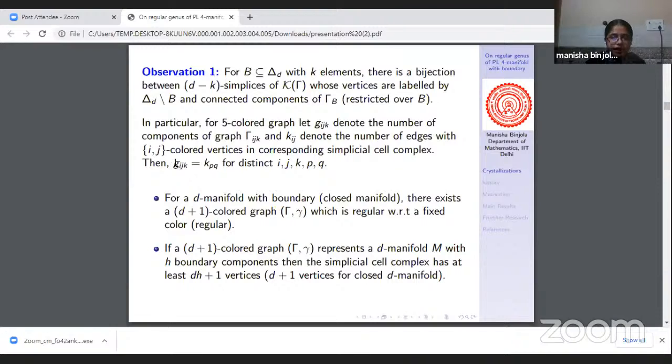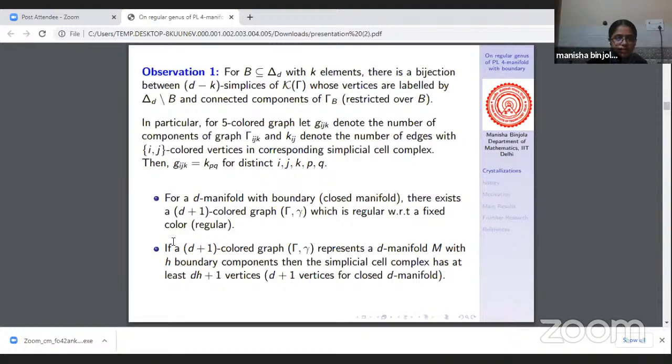That is G of C complement. From this observation, we get G of C hat equals K of C hat hat. This means K of C complement complement. So G of C hat gives the number of C colored vertices in the corresponding simplicial cell complex.